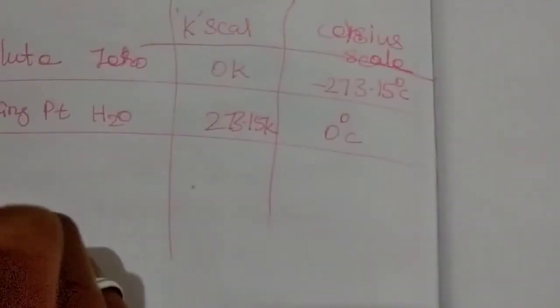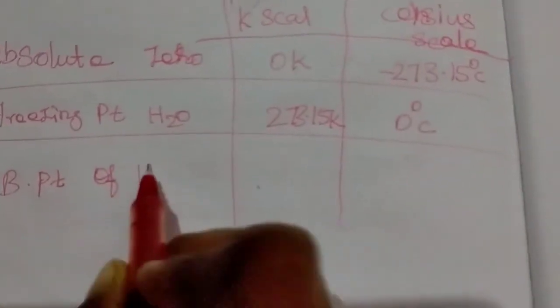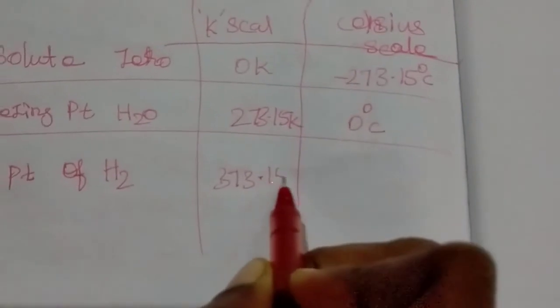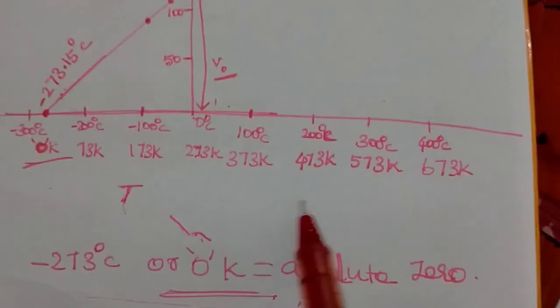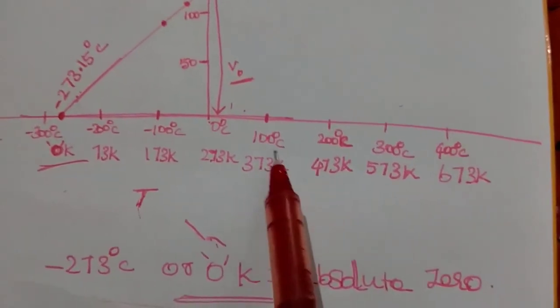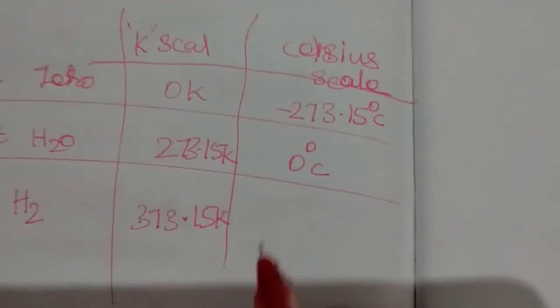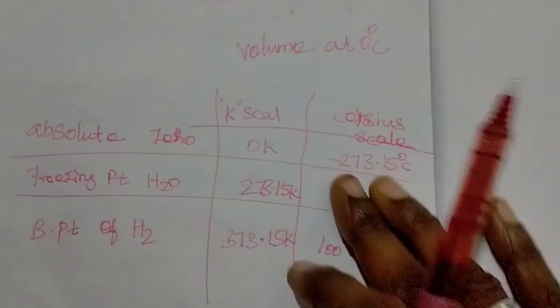And the boiling point of water is 373.15 Kelvin, which denotes 100 degree Celsius.